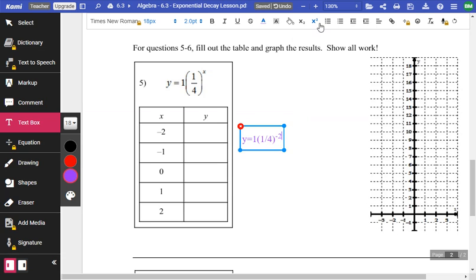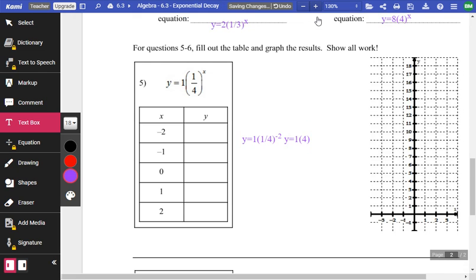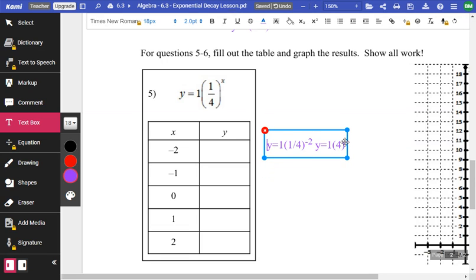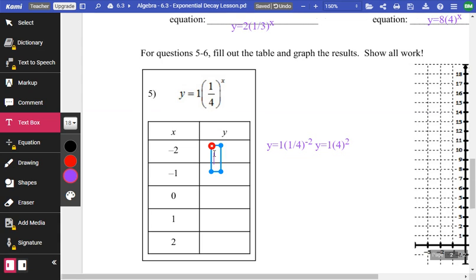So we're going to end up with y equals 1 times 4 squared. Okay? 4 times 4 is 16, times 1 is 16.